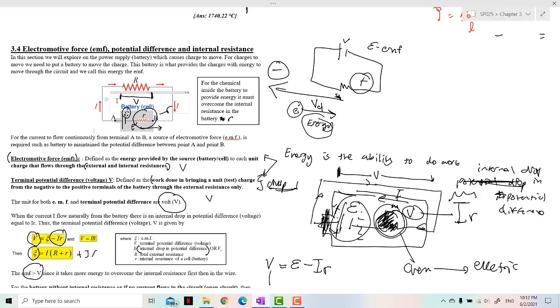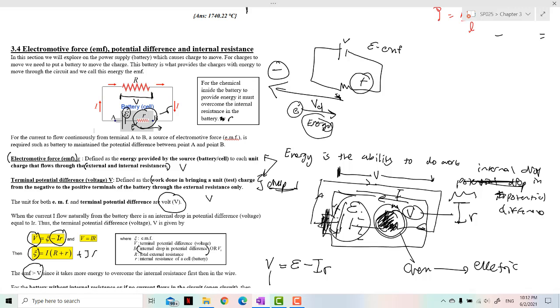So the work yang untuk menggerakkan dia adalah the terminal potential, but the energy untuk benda tu bergerak is the electromotive force. When we talk about the electromotive force, we consider the internal resistance.